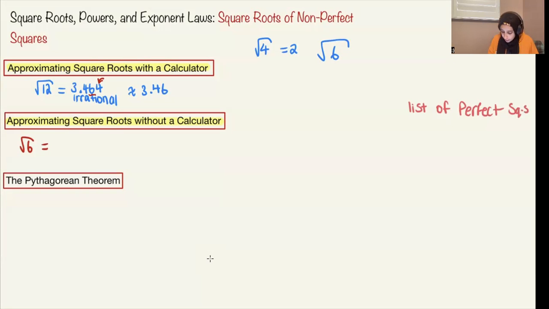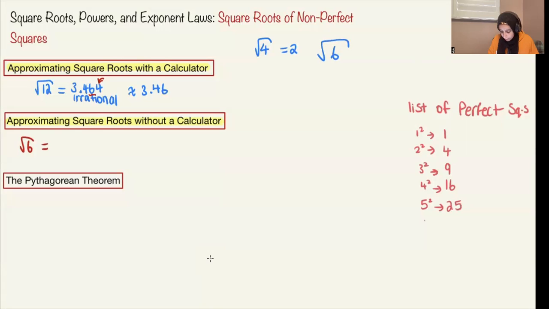Our first one, 1 squared is 1, 2 squared is 4, 3 squared is 9, 4 squared is 16. I'm just listing them so that you know, this means that 3 times 3 is 9, 4 times 4 is 16, 5 times 5 is 25.